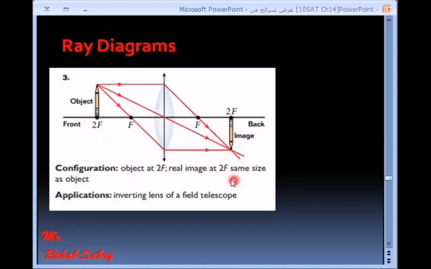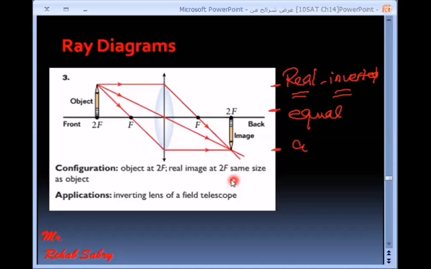So the image is real, inverted or upside down, equal in size, at 2F.